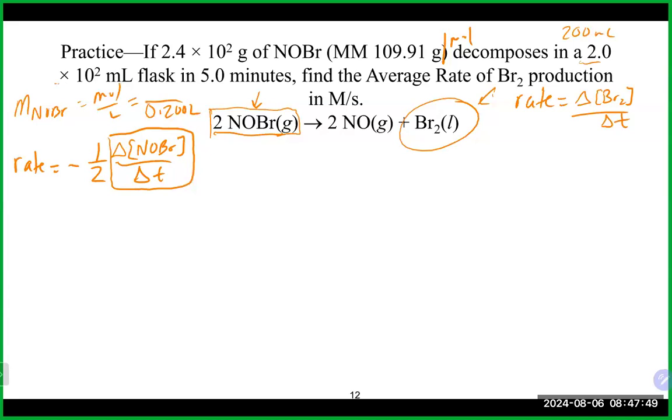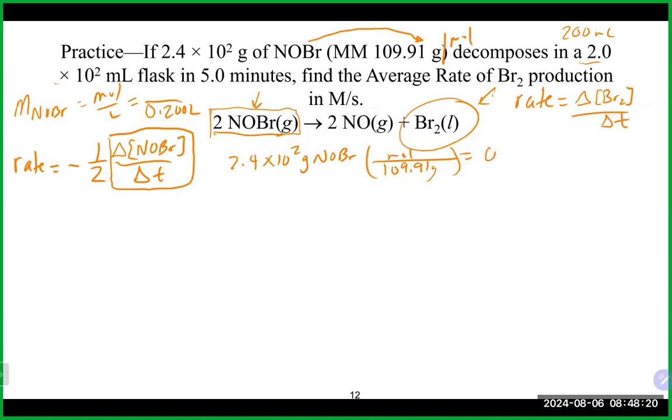The moles part is going to come from a basic grams to moles calculation. So we could take 2.4 times 10 to the 2 grams of NOBr. We'll use the molar mass that was given to us. If not, you would go to the periodic table to get that. And that is going to get us 2.4 times 10 to the 2 divided by 109.91.